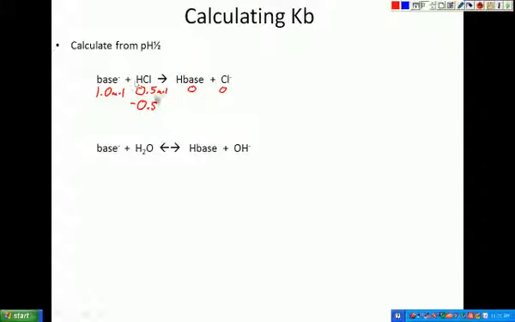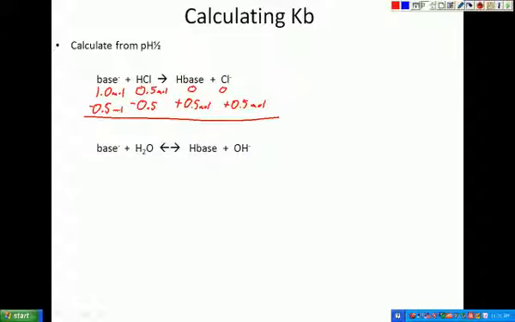And that means 0.5 moles of this is going to react with 0.5 moles of this, because it's a 1-to-1 ratio. Okay? And that means this is going to go up by 0.5 moles. And this is going to go up by 0.5 moles.